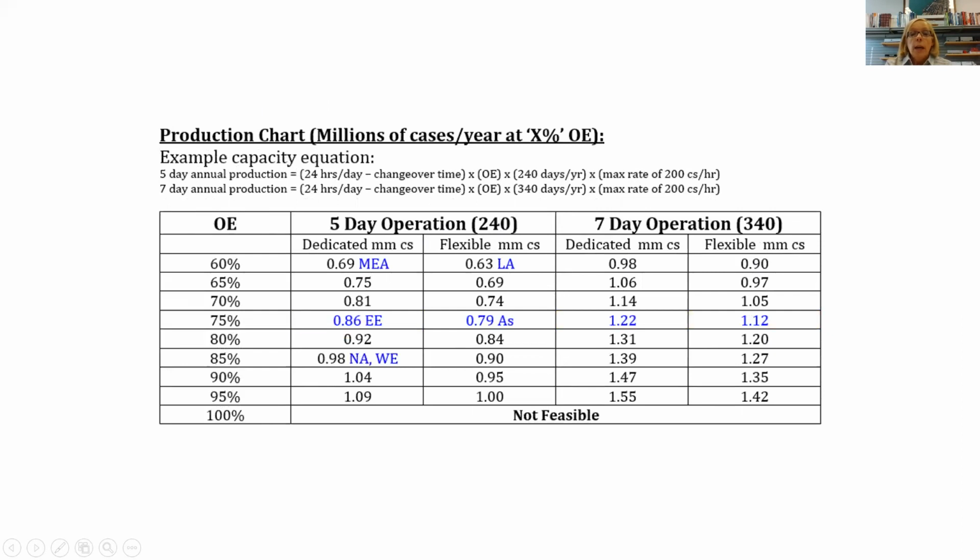And so as we know, and this is in millions of cases, the solution for the one we worked on in class was 860,000 cases. When we put it in the table, it ended up being 0.86. Likewise, when we solved for the 7-day flexible operation at 75% operating efficiency, we ended up with 1.12, or 1,100,000, and it ended up being 22,000 cases.